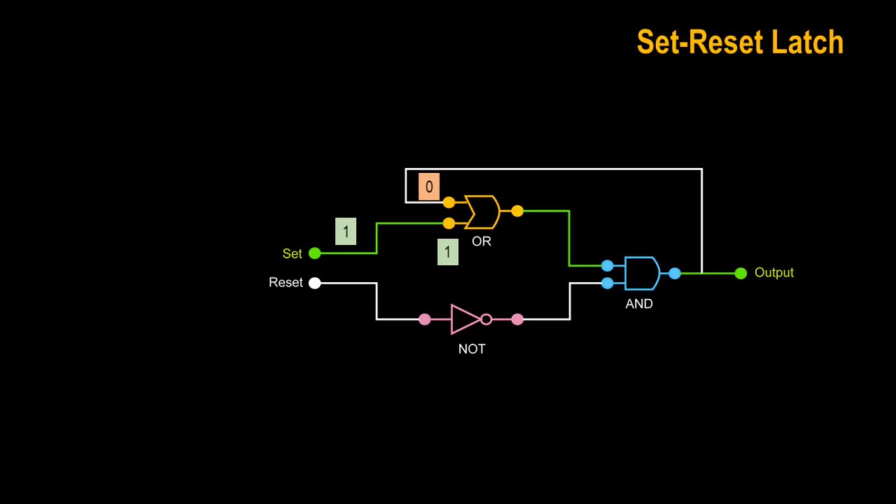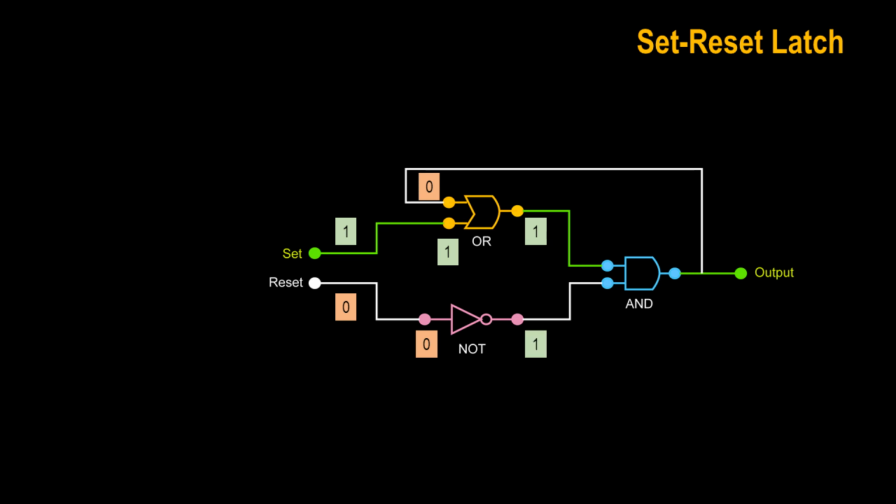First, switch on the set signal. The OR gate now has 2 inputs. One is 1, the other is 0. So the output from this OR gate is 1. This 1 goes to the AND gate as one of the inputs. The other signal is coming from the reset switch. This switch is off. That means it is 0. So the input to the NOT gate is 0.